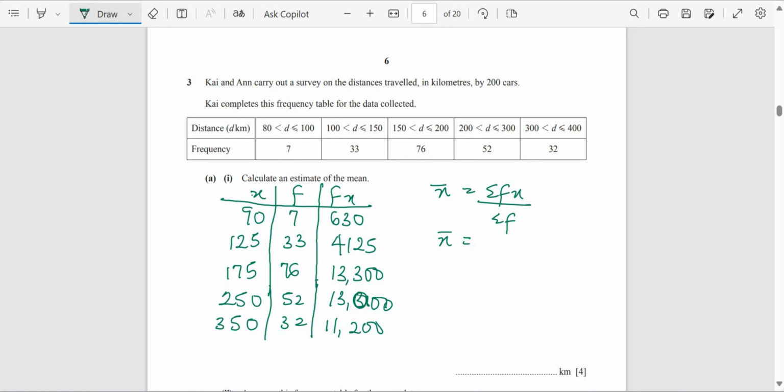That's 630 plus 4,125 plus 13,300 plus 13,000 plus 11,200, and that would give us 42,255 divided by 200, which is the frequency, and that will give us 211.275.